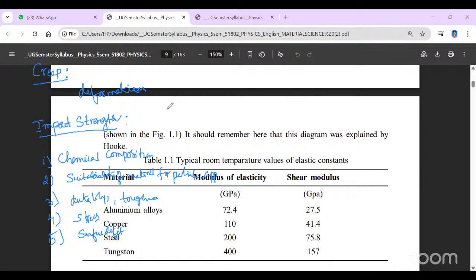They'll also determine some very important mechanical properties.